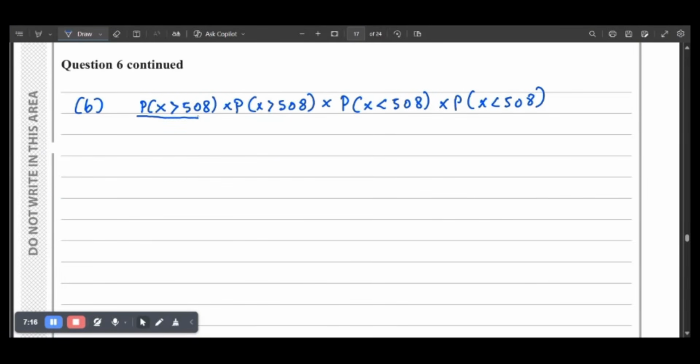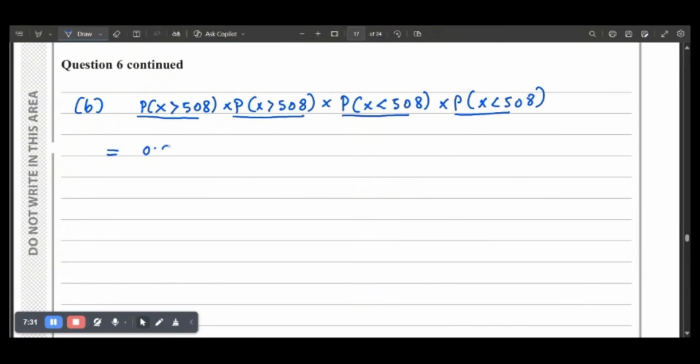As there are two bags which have a weight greater than 508, we are multiplying this term two times. And as there are two bags whose weight is less than 508, we are multiplying this term two times.